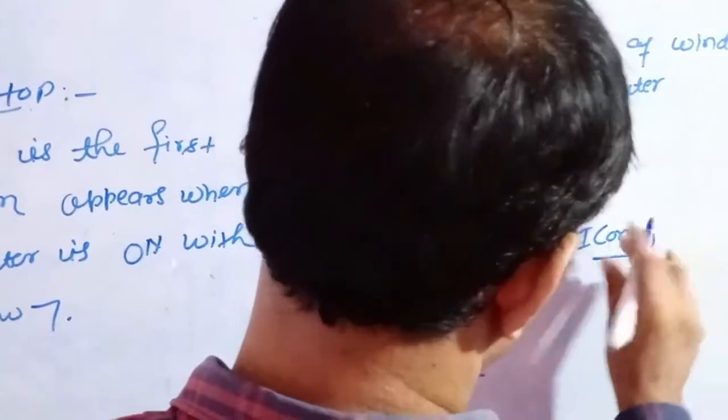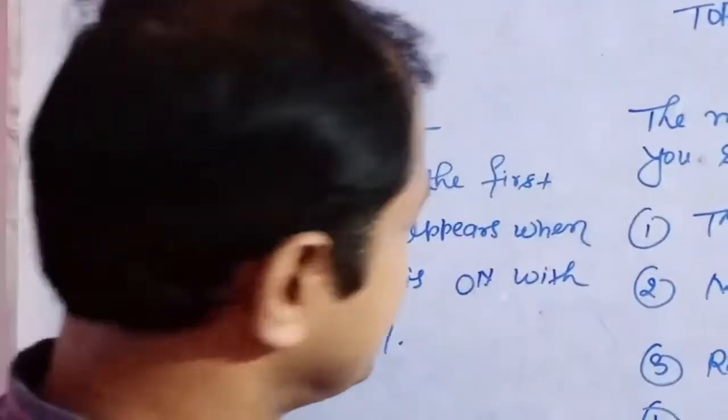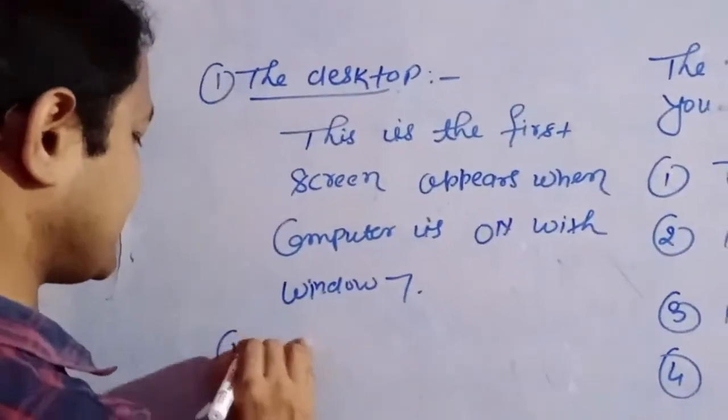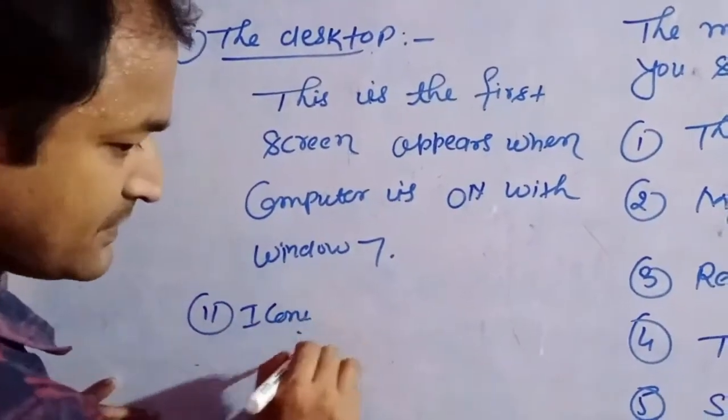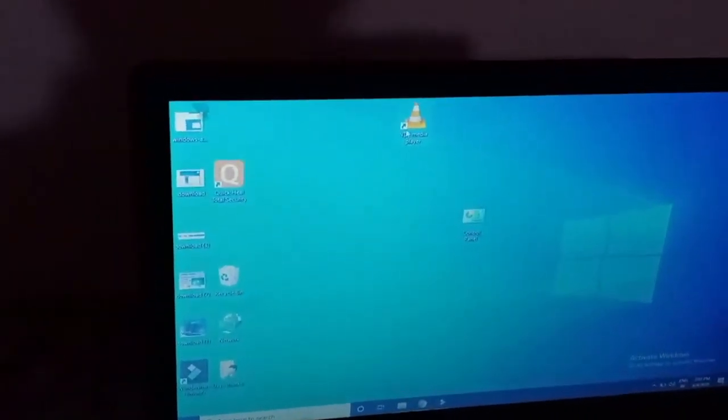Second, my computer and the icons. What are the icons? This is the icon. This VLC icon. All of these parts are related to the icons.